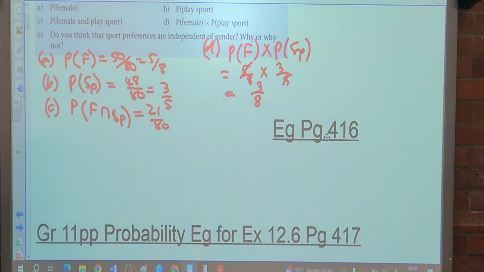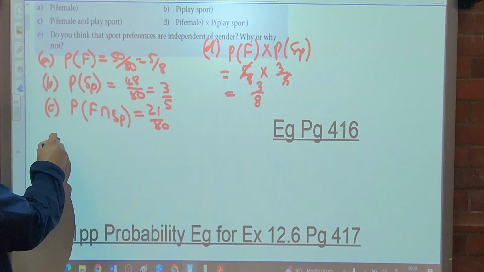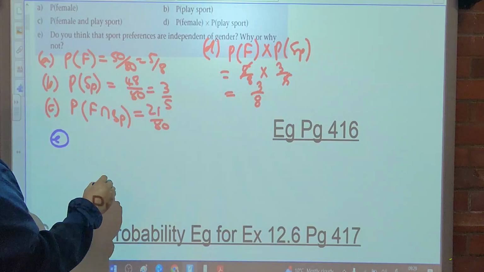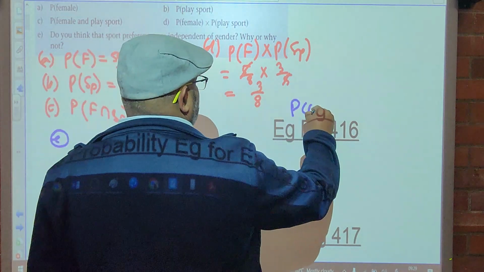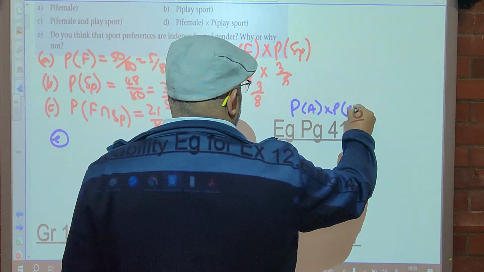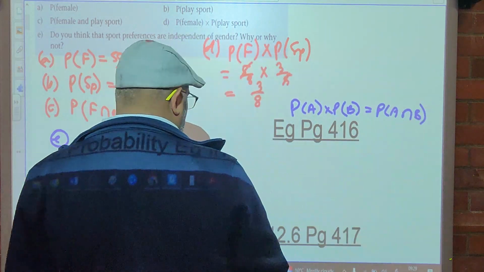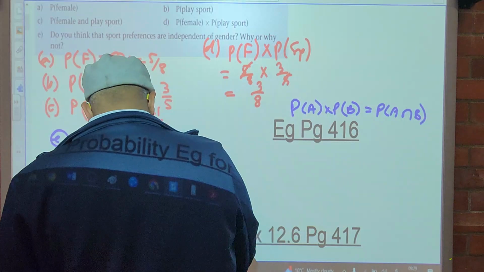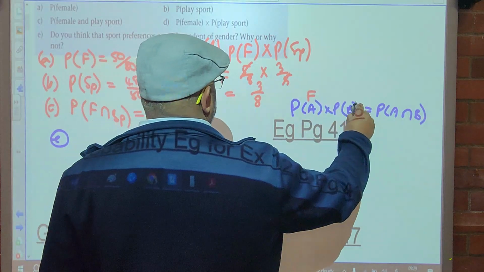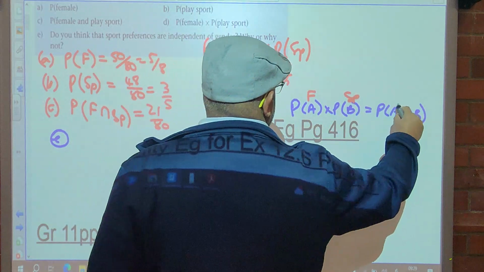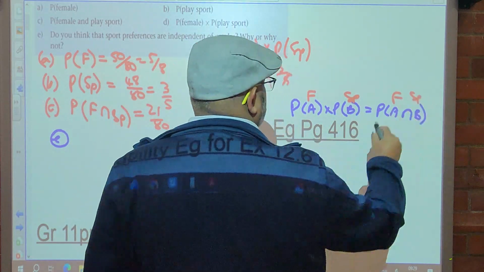How do we calculate for independent events? So how do we test? We need to prove that the probability of A times the probability of B is equal to the probability of A intersection B. In this case, it's not A and B, of course. So we have female and sport. There's going to be female and sport. Did you see that?